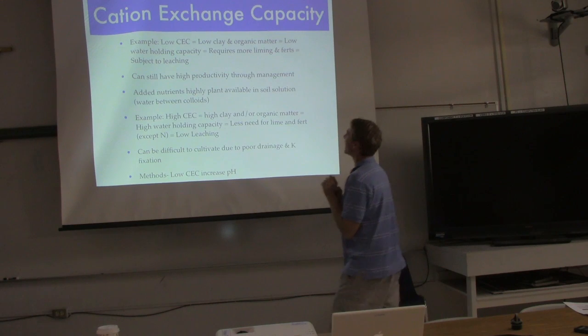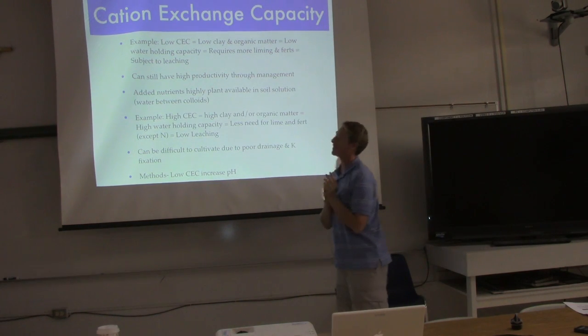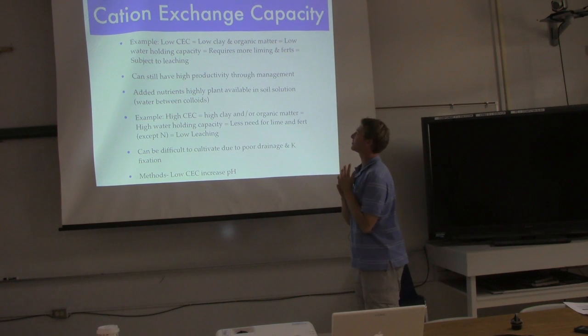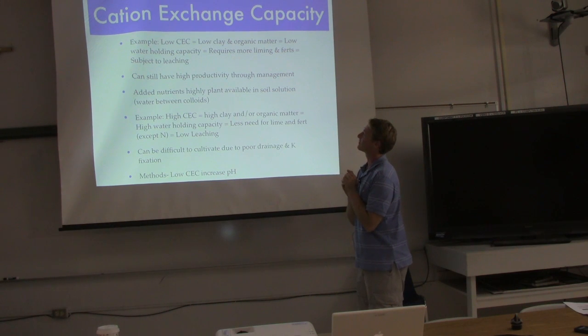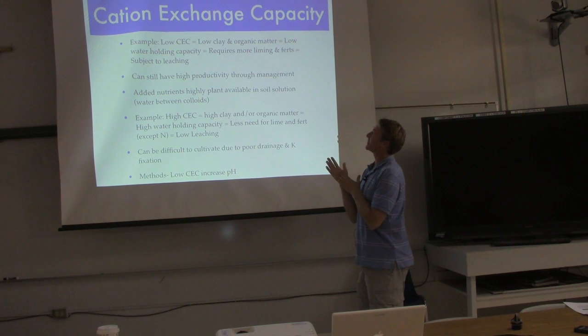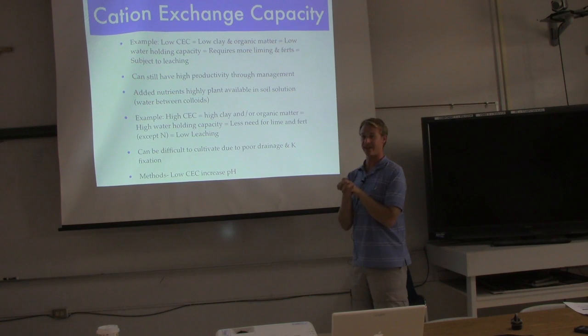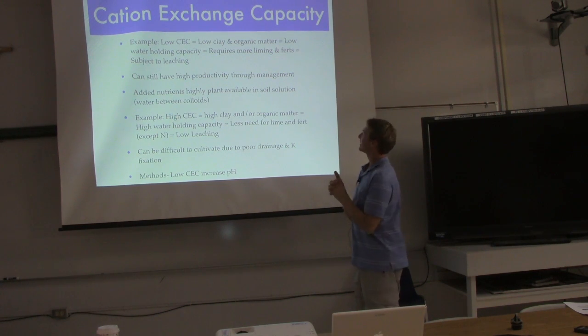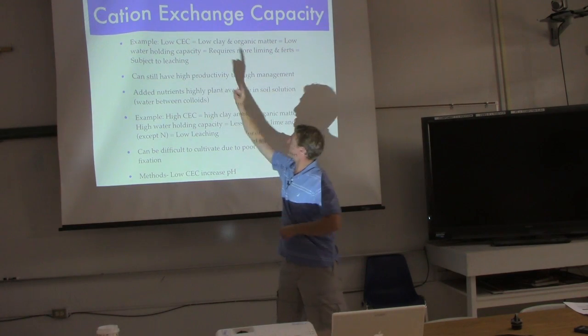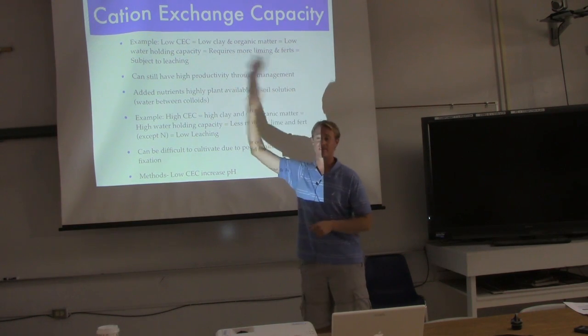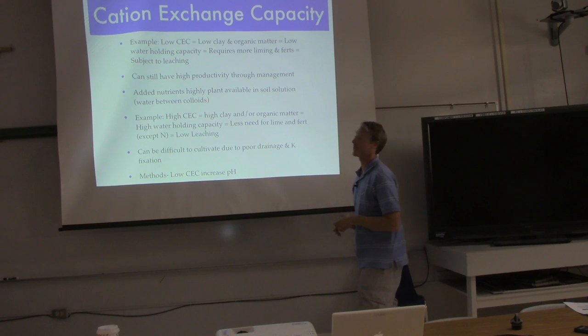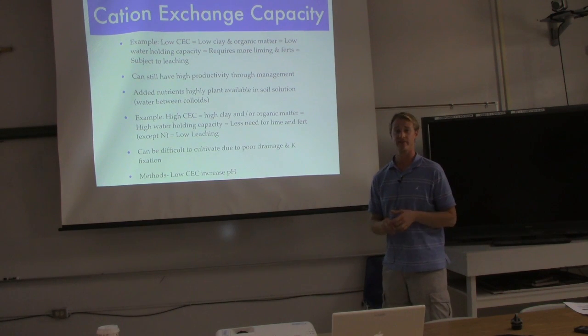So, if it has low CEC, it means it has a low negative charge. Because clay materials and organic materials have a high negative charge, if it's low CEC, that means you're missing clays and organic matter, essentially.